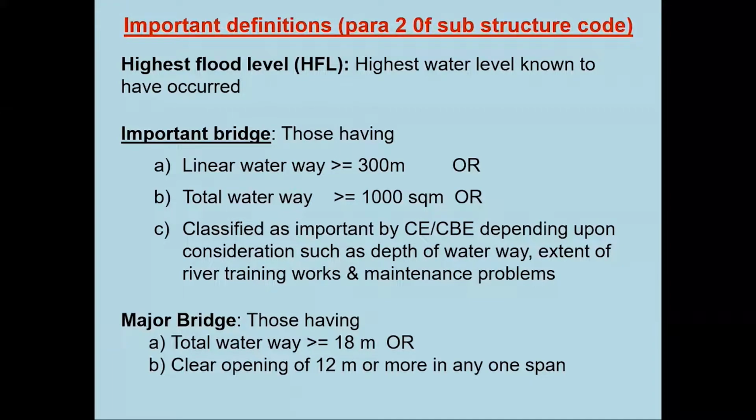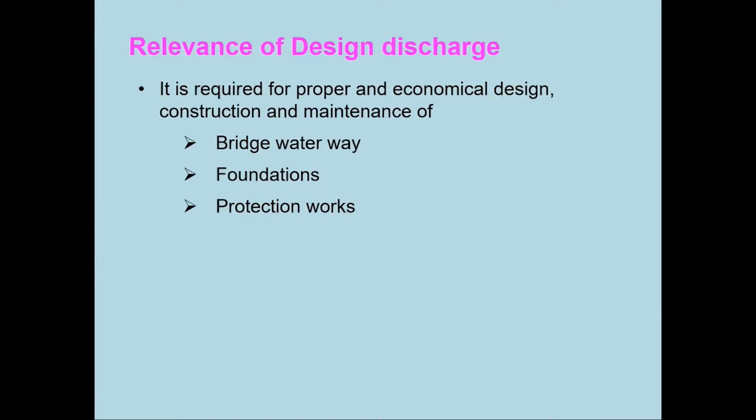Bridges with a 12 meter opening in one span or up to 18 meter span will be covered by a very simple analysis or a simple method as per RDSO RBF 16. We will cover it in the next few slides.